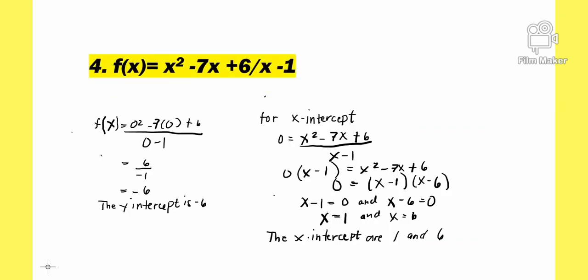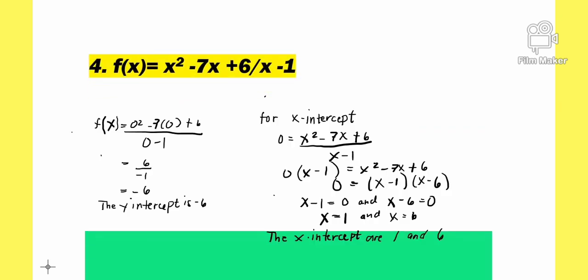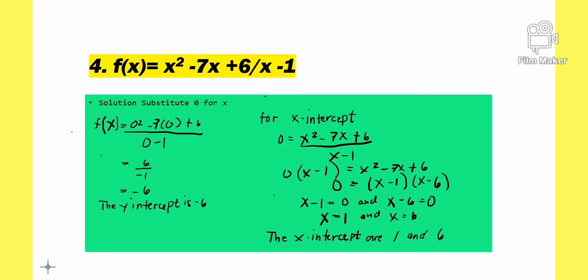Problem number 4. What will be the solution for this one? Again, substitute 0 for x. So we know that f(x) is equal to y. So f(0) = (0 squared minus 7 times 0 plus 6) divided by (0 minus 1).